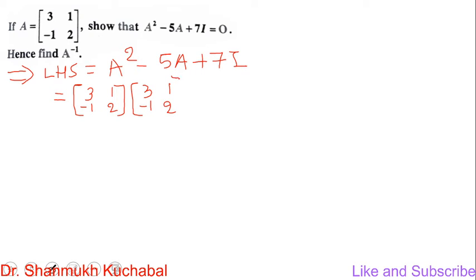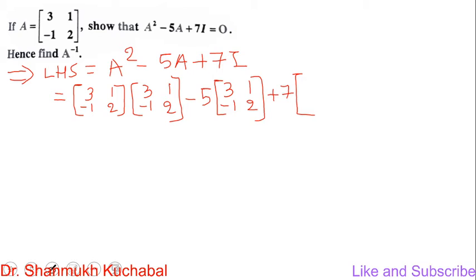A square is A into A. Then further minus as it is, 5 as it is, we have to substitute A. A is the matrix 3 1 minus 1 2. So further plus 7 as it is, and I is the identity matrix.